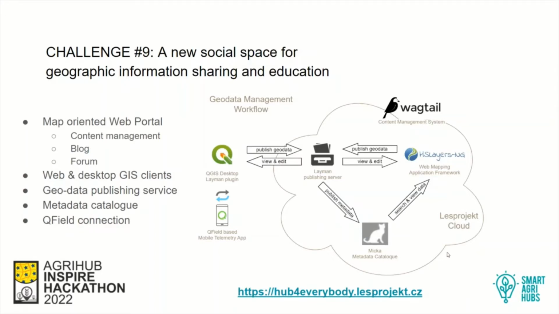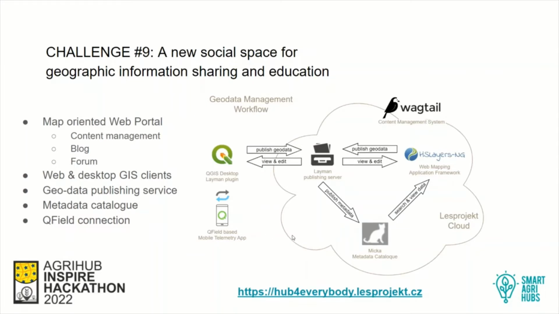All those tools give the user a simple way to publish data, to create thematic maps, to make them available on a web map or through the QGIS desktop. And recently we have adopted a new component into our hub, and that is QField.